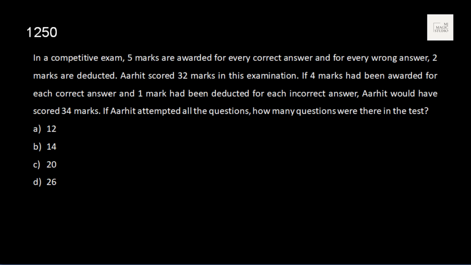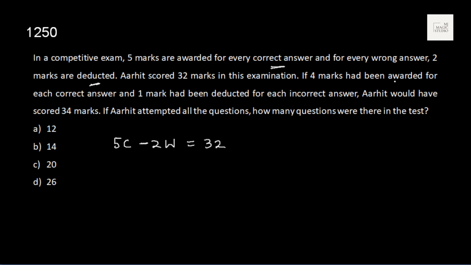In a competitive exam, 5 marks are awarded for each correct answer, and for every wrong answer, 2 marks is deducted. Arhit scores 32 marks in this examination. Okay, so correct is C, wrong is W, then his score is 32.